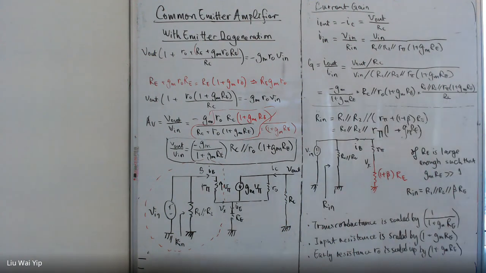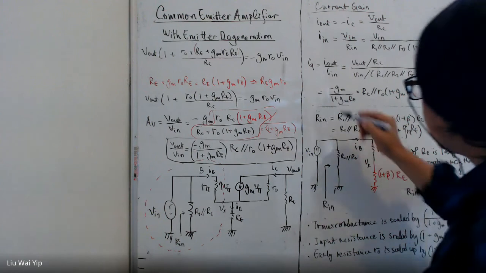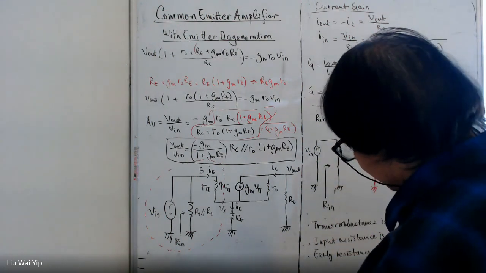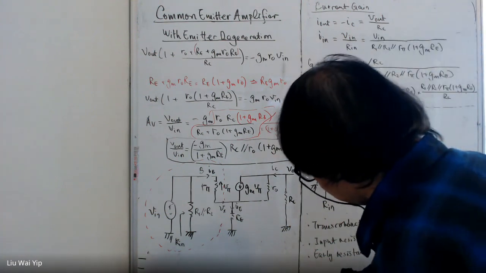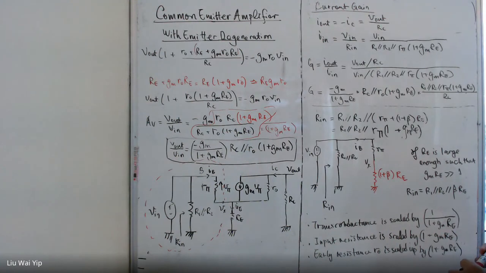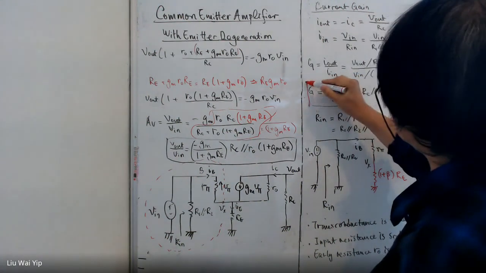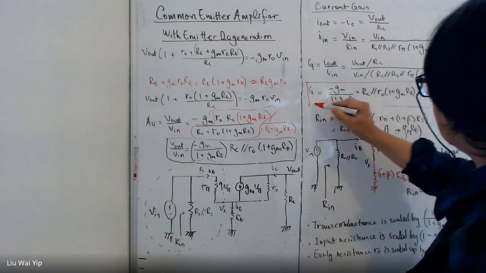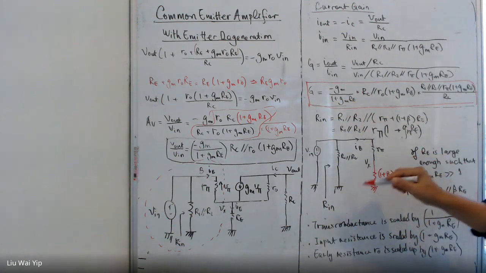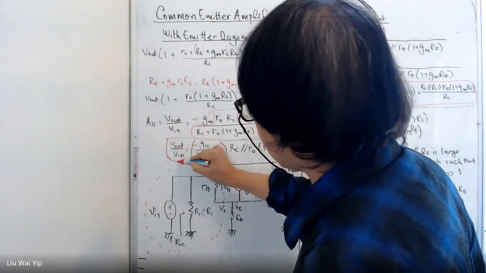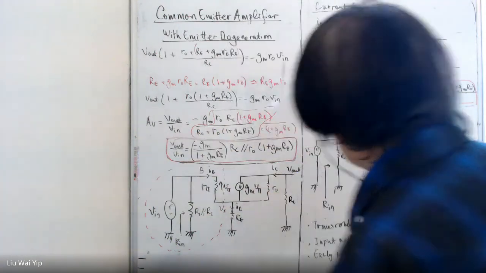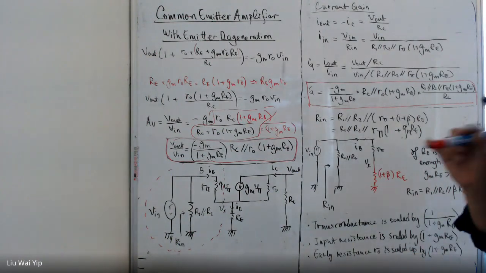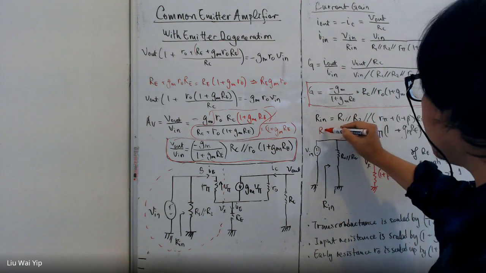So this is the final expression for the current gain. I hope it is clear enough to you. It's a bit confusing at the end of the lectures, but this is okay. So this is the expression we have learned for the current gain. And this one is the voltage gain, and this one is the input resistance.